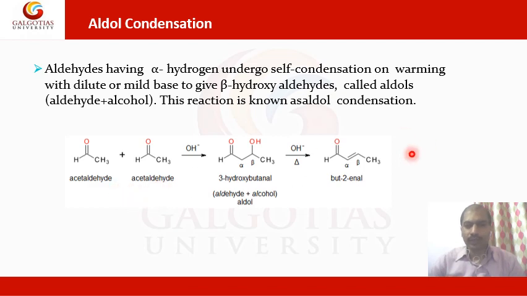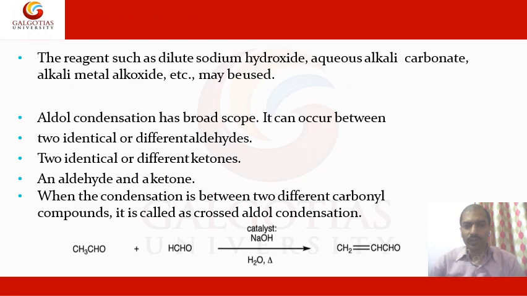Now the mechanism, how this reaction is going to proceed, we'll see that. The reagents such as dilute sodium hydroxide, aqueous alkali carbonate, or alkali metal alkoxide can be used during this reaction. Aldol condensation has a broad scope as far as applications go.